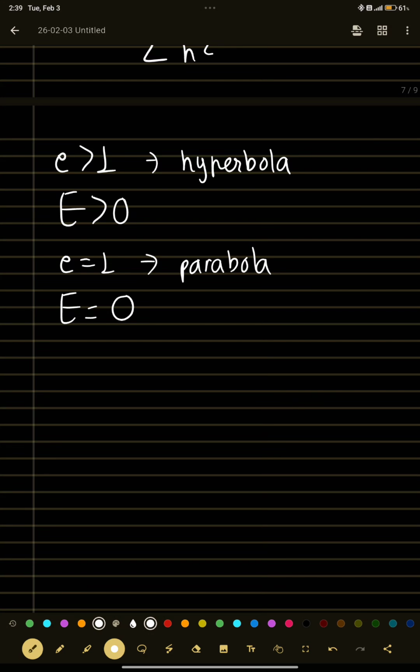What will happen in the parabola? No velocity. Why? Because at R infinity the potential energy is zero, and the kinetic energy also has to be zero.